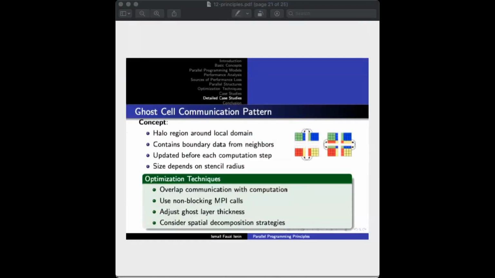And then for the ghost cell communication pattern. Okay, so the diagram actually shows a conceptual overview of a halo region surrounding a local domain. Okay, what's a halo region? Halo region is quite famous in image processing.